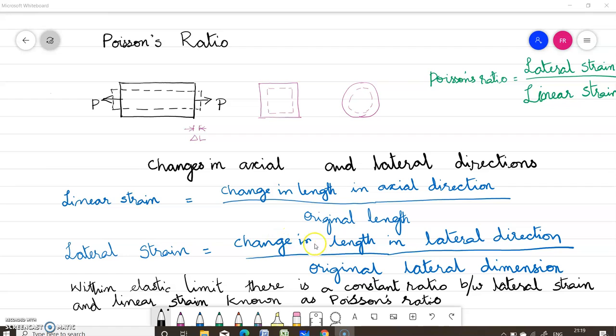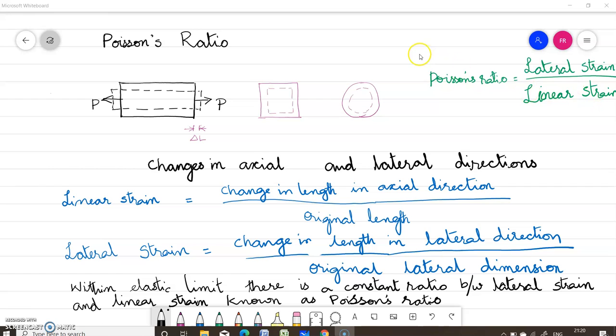Within the elastic limit there is a constant ratio between this lateral strain and linear strain, and this constant ratio is called Poisson's ratio. So how can you write Poisson's ratio? Poisson's ratio equals lateral strain divided by linear strain.